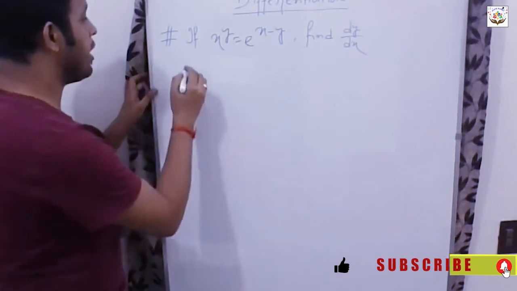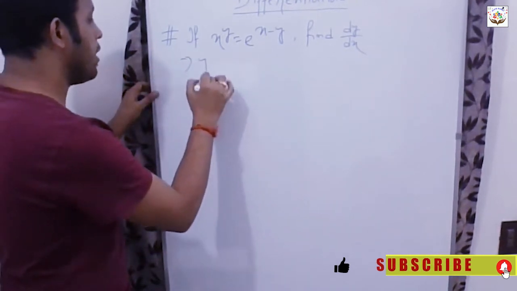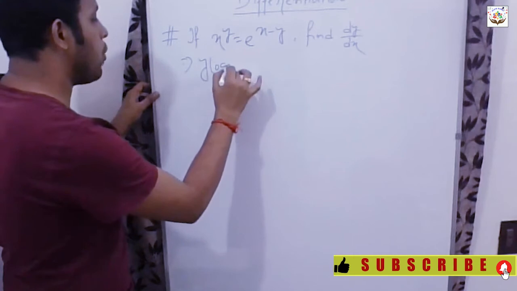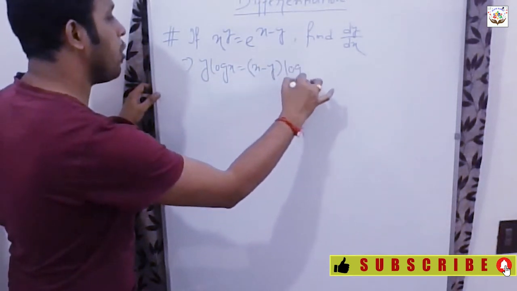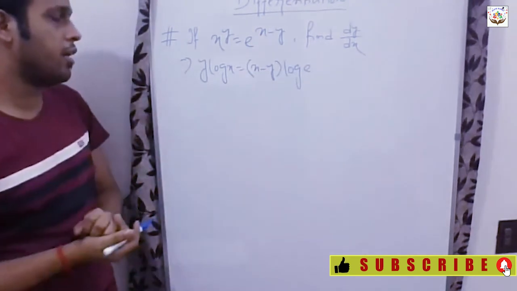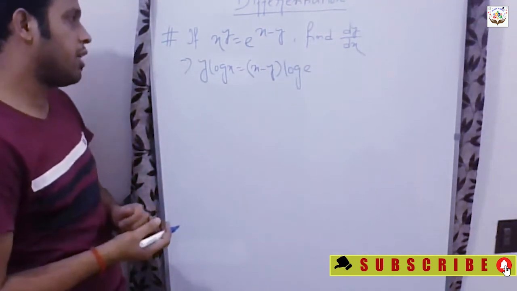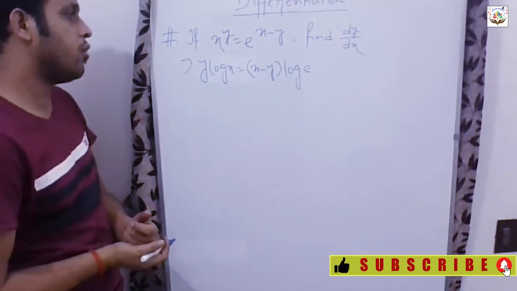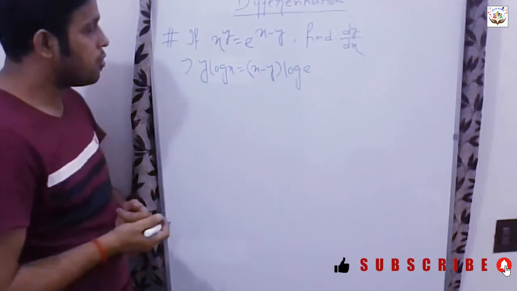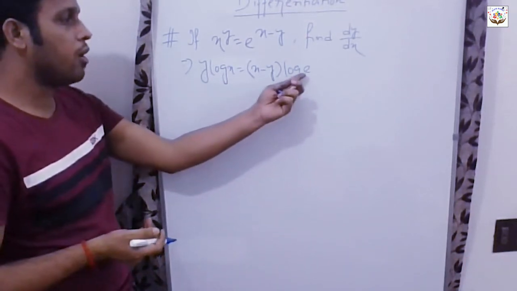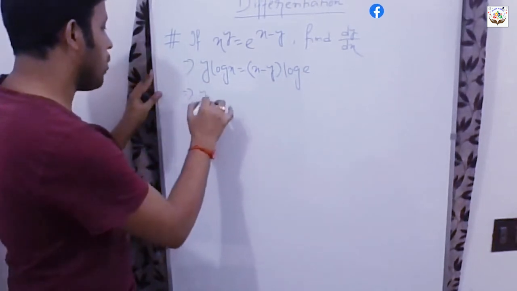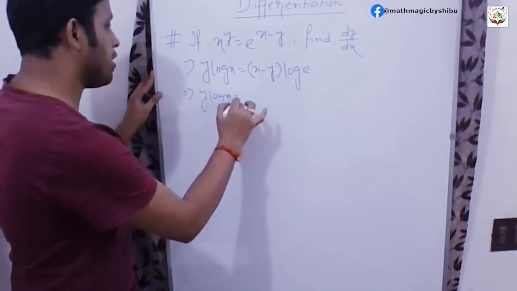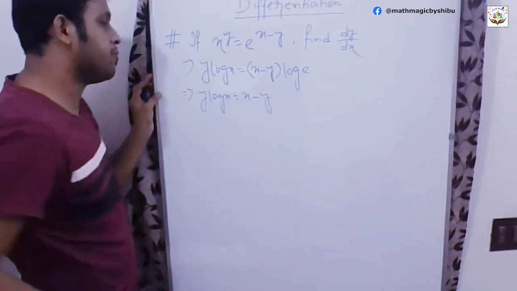So if we do the same, then we can write y log x equals to x minus y into log e, right? And as we know, the default base of log is e, so log e to the base e would be 1.